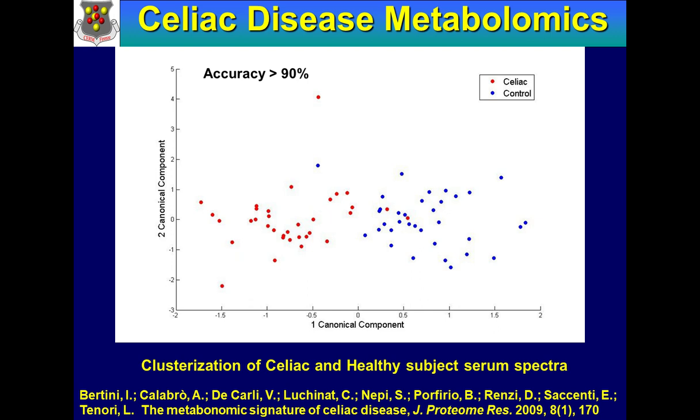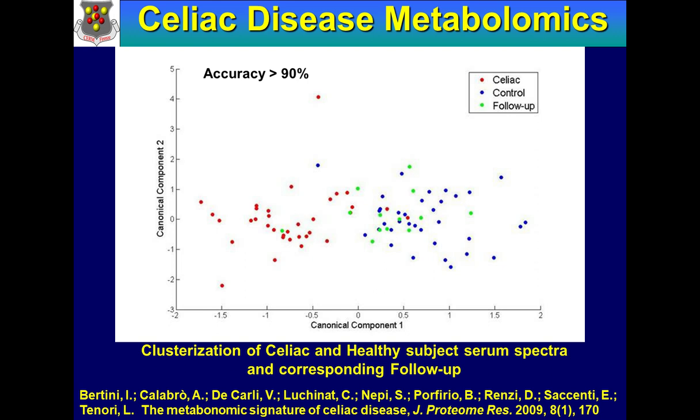What was rather interesting when we published that several years ago was that when these people were put on a gluten-free diet, which is what you would usually expect a doctor to prescribe for celiac people, you see that the red dots become green and they move to the right. So they move into the field of the healthy controls. This is a little surprising because, as you may know, celiac disease causes intestinal damage, and intestinal damage may not always be reversible, but if it is taken on time, it can be partially reversible.